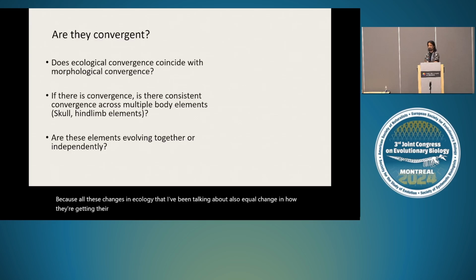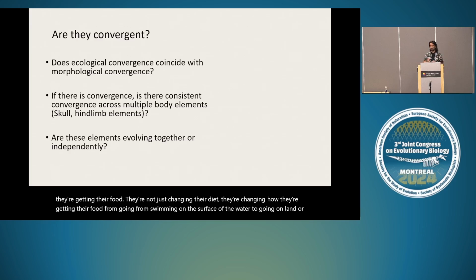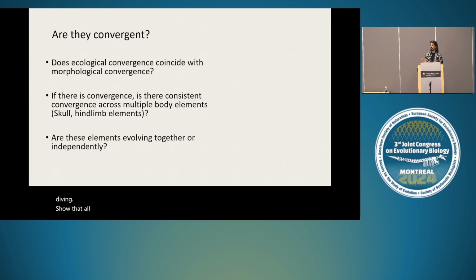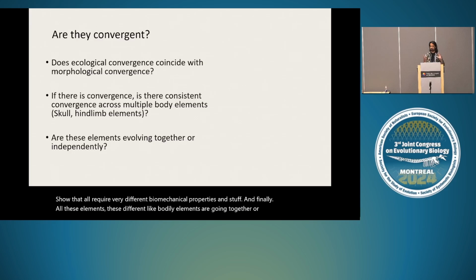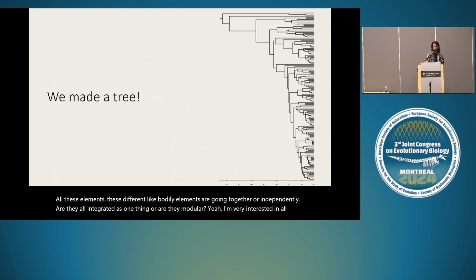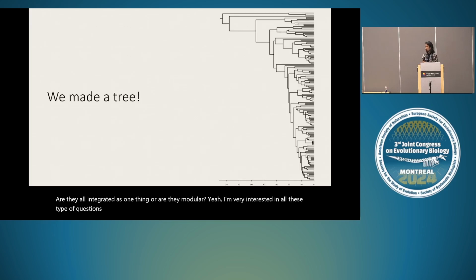They're not just changing their diet, they're changing how they get their food, from swimming on the surface of the water to going on land or diving, which all require very different biomechanical properties. And finally, are these different bodily elements evolving together or independently? Are they all integrated as one thing, or are they modular? I'm very interested in all these types of questions. So before we go on, we made a tree.